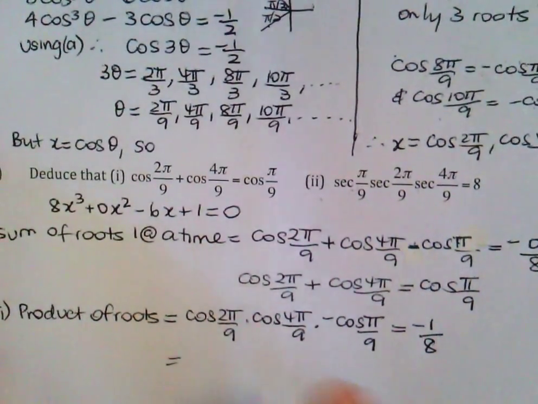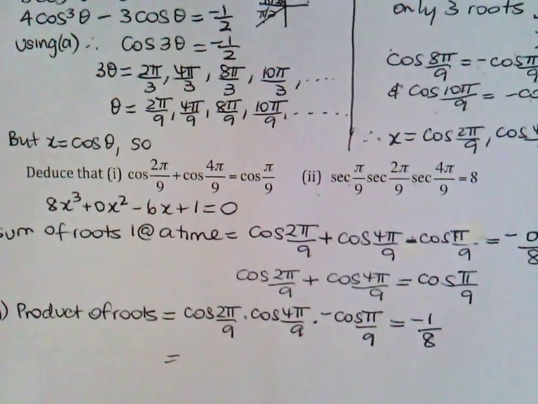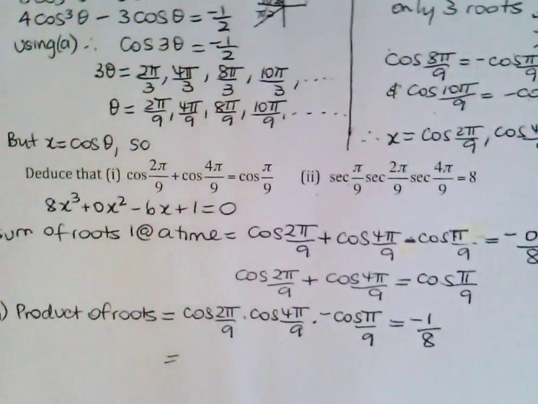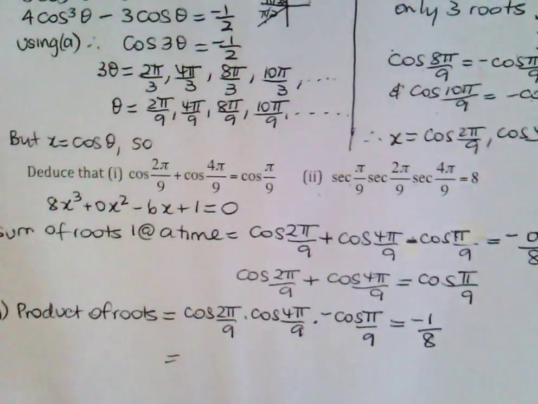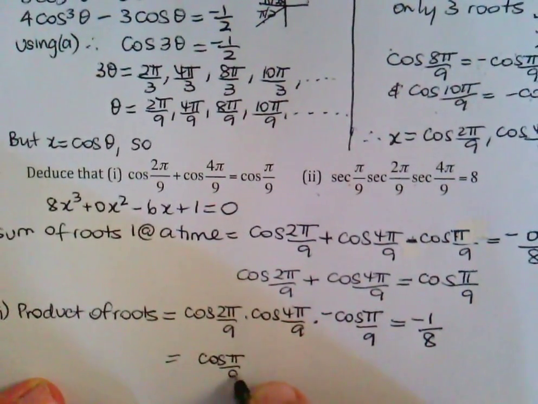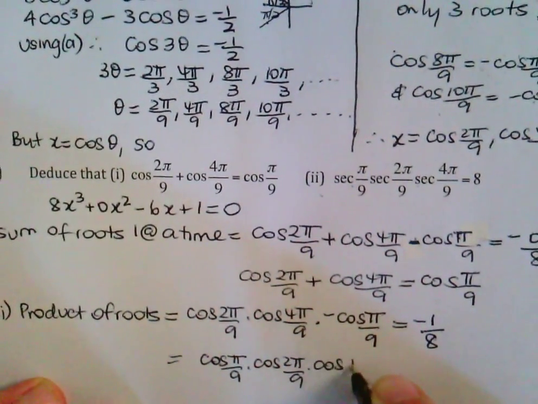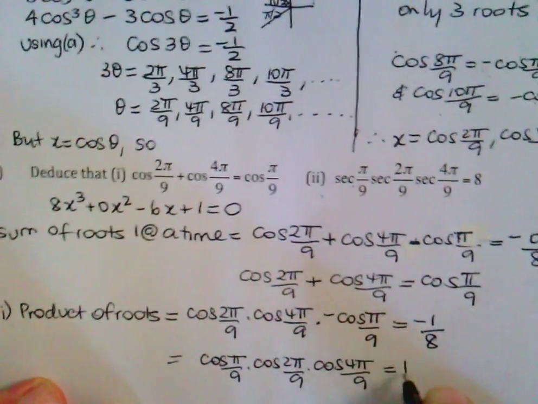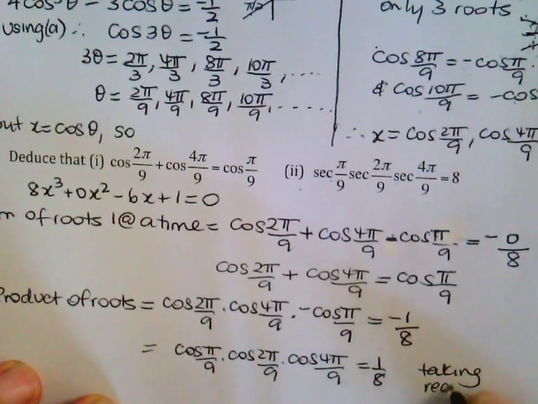So remember, I've got a negative on this side and a negative on that side, multiplying through by negative 1. What we're really just doing is doing the reciprocal. So we can just take reciprocals of both sides and multiply by negative 1. I mean, you can multiply by negative 1 first. So therefore, cos of pi on 9 times cos of 2 pi on 9 times cos of 4 pi on 9 equals 1/8. And now taking reciprocals of both sides.